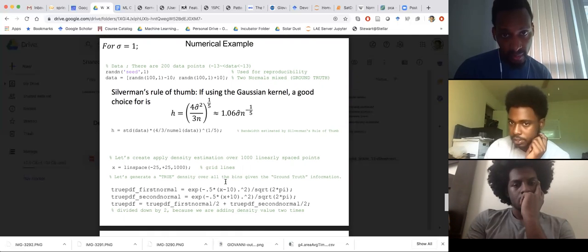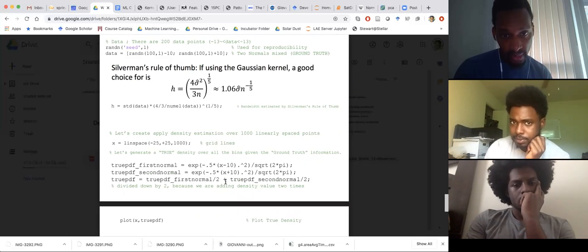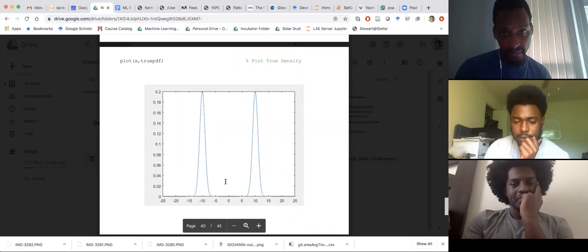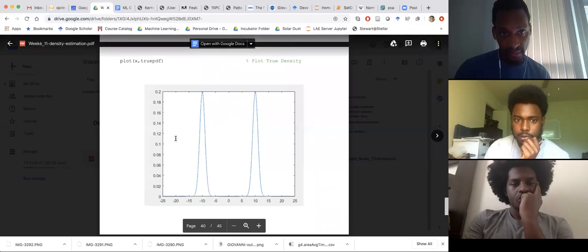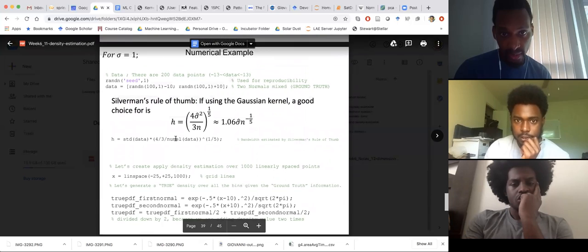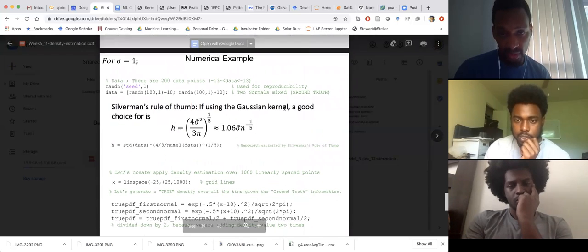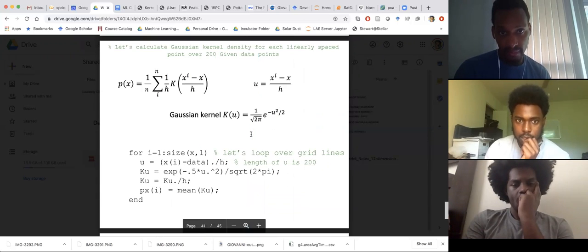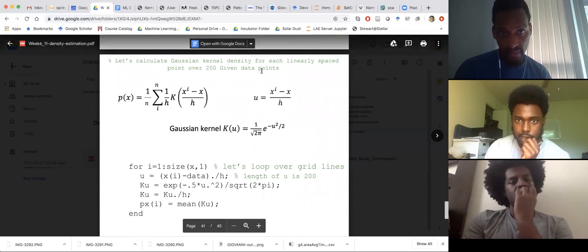They implemented it, and now we have the true PDF. So what kind of kernel did they use here? Silverman. Using the Gaussian kernel, a good choice is a way to pick your H. Oh, I see, this value. So they did this. Let's calculate the kernel density for each linear space point over 200 given data points.